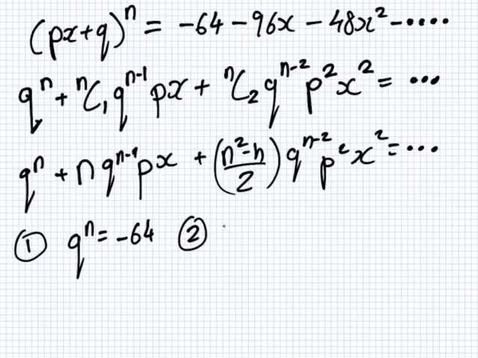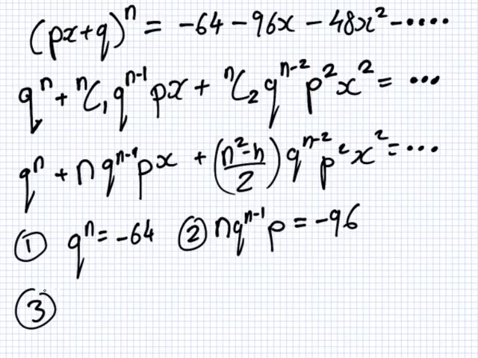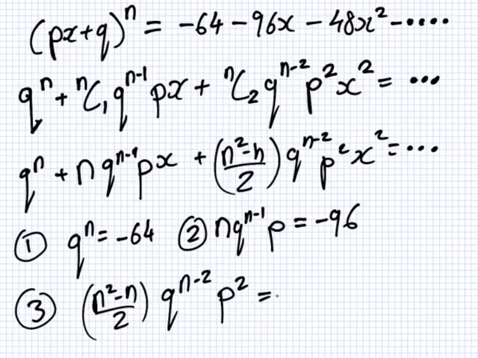Number 2: n qn minus 1 times p should equal minus 96. I'm just looking at the non-x part, the coefficient. And then finally, n squared minus n over 2 qn minus 2 p squared should equal minus 48.